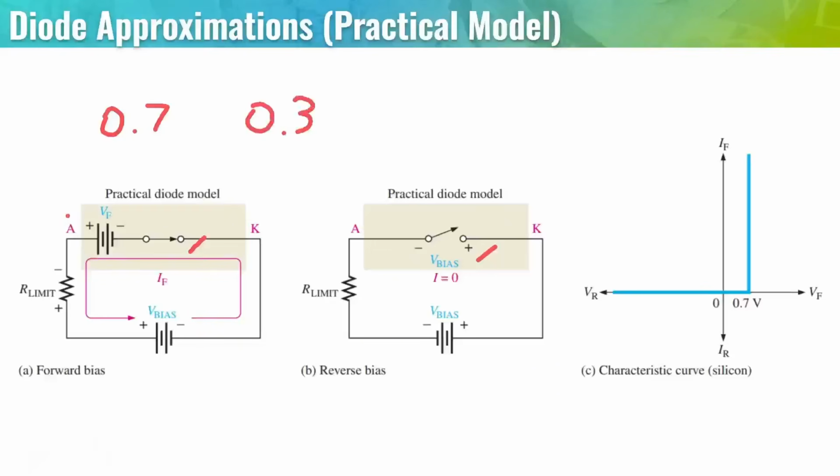As you can see, from the anode going to the cathode, if we are in forward bias, it's going to drop. For example, if this is a 10-volt battery, at this node, the anode, we have 10 volts, and on the other side we are going to have 9.3 volts.